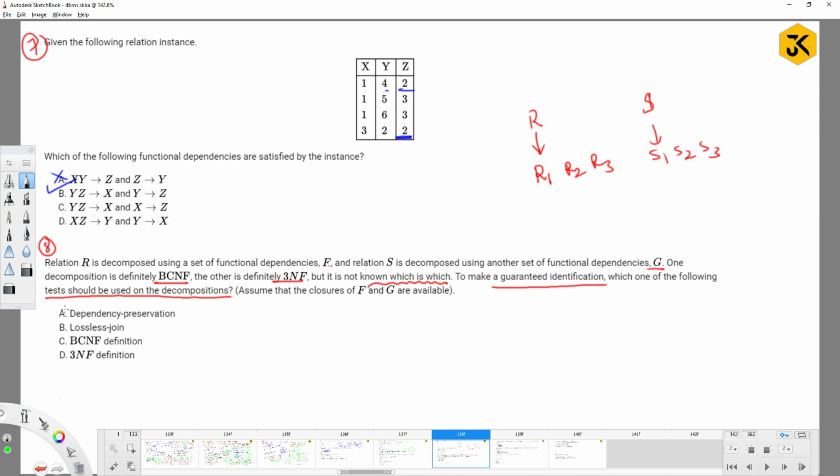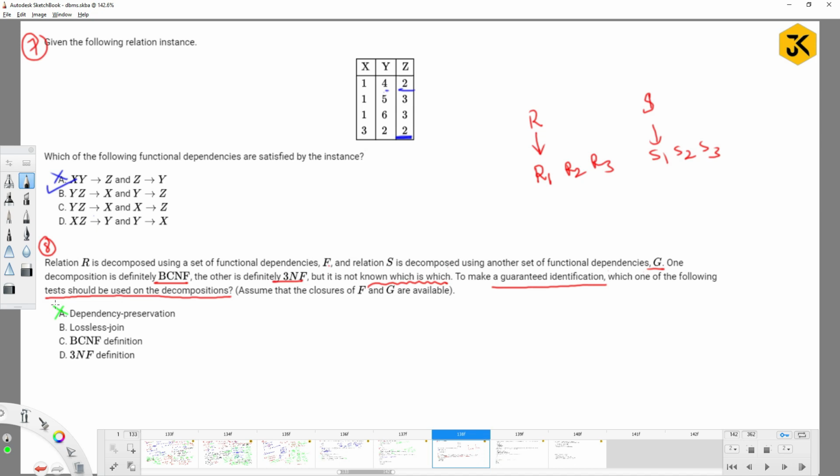Can I apply the property of dependency preservation, so that I can say it is in some kind of form? No. Why no? Up to 3NF, definitely it is going to be lossless decomposition as well as dependency preserving. There is no problem.